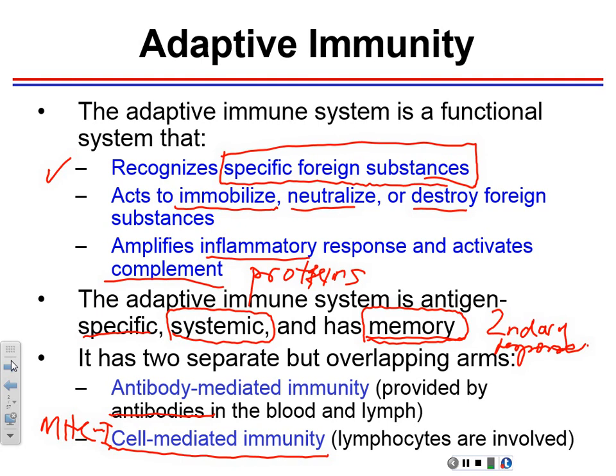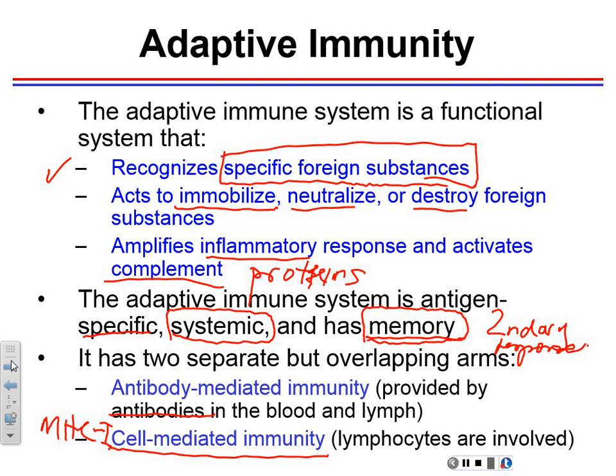Then major histocompatibility complex 2, I'm going to try and introduce this now so that when you get to it, you can have an idea of the way the immune system differentiates between MHC1 and MHC2. Usually, professional antigen-presenting cells like B cells, dendritic cells, and macrophages, when they engulf an external microorganism and process it, will present it on the cell surface as MHC2.